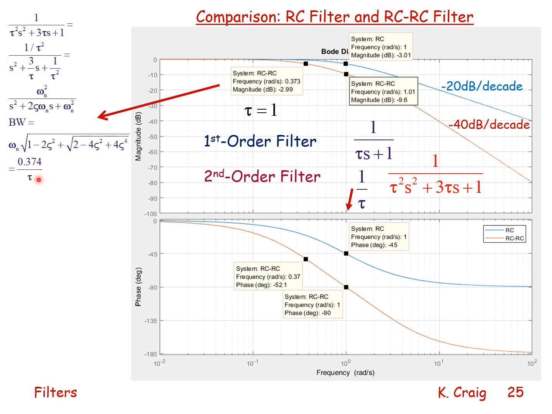Tau is 1, so this is 0.374 radians per second, which is what I have here. Here's a way we can compare our analysis, our predictions, to our numerical analysis, and eventually to our hardware measurements.